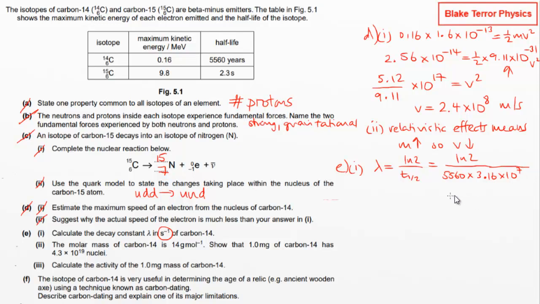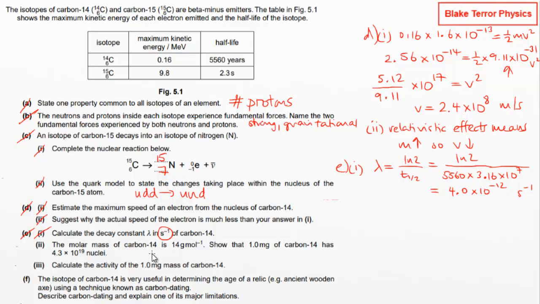We're getting 3.95 times 10 to the minus 12, so 4.0 times 10 to the minus 12 seconds to the minus 1.